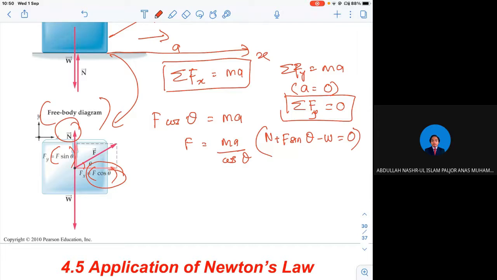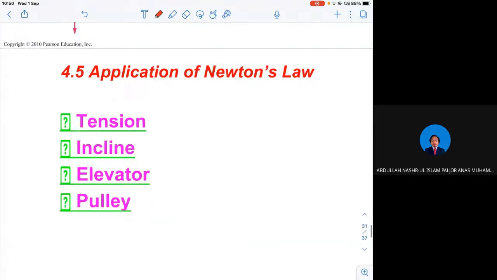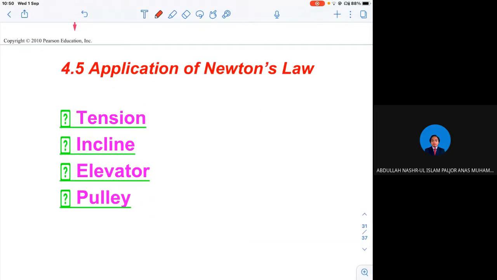Please practice yourself in order to familiarize yourself with situations of forces involving Newton's second law. Right, so these are some applications of Newton's law.